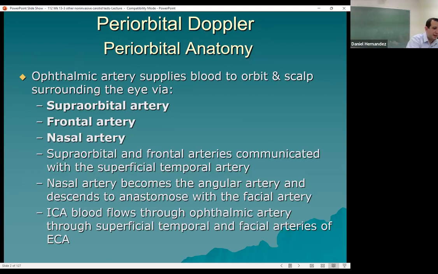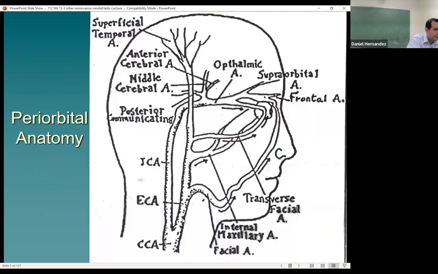ICA blood flows through that ophthalmic artery, through the superficial temporal and the facial arteries of the ECA. So we can get ICA blood flow through those vessels. This is just a schematic showing our ophthalmic artery. The internal carotid artery goes intracranial, and our first branch is that ophthalmic artery.